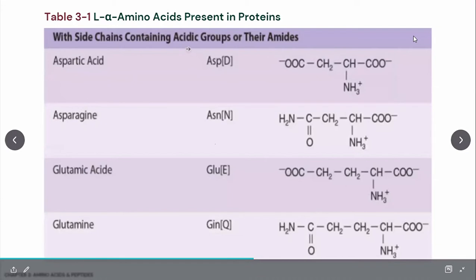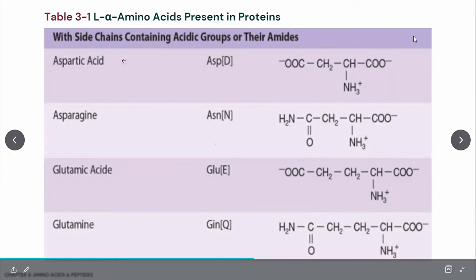Amino acids containing acid group or their amides. Now, aspartic acid and glutamic acid, they contain carboxyl group here. Okay. So there are 2 carboxyl groups already here. So that means they tend to be acidic.